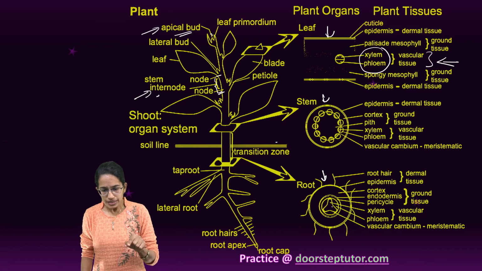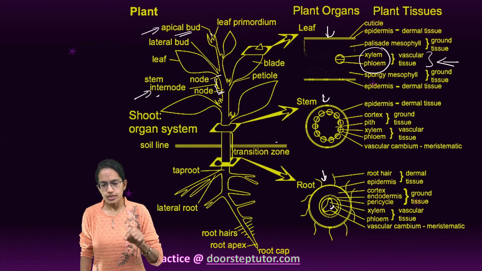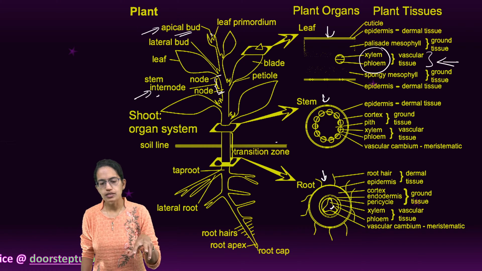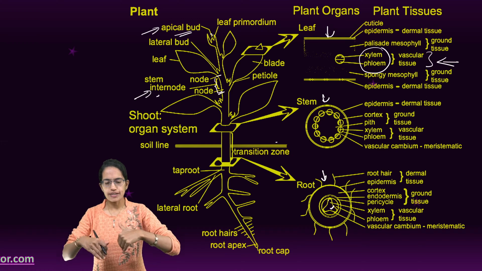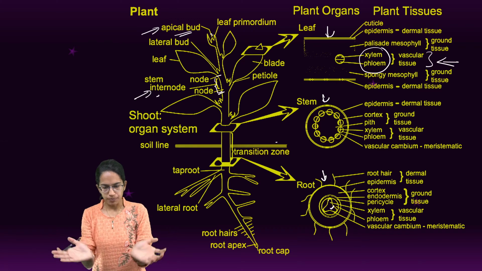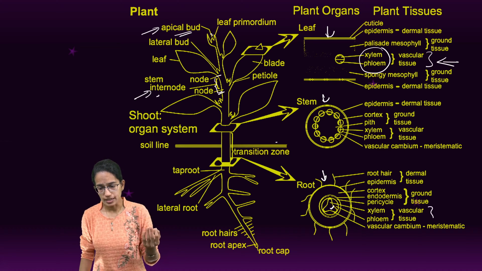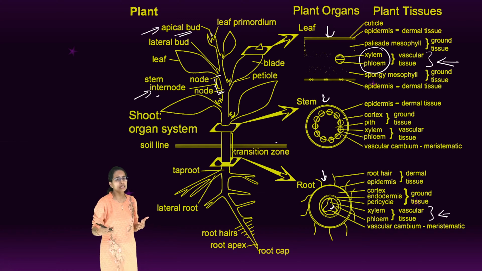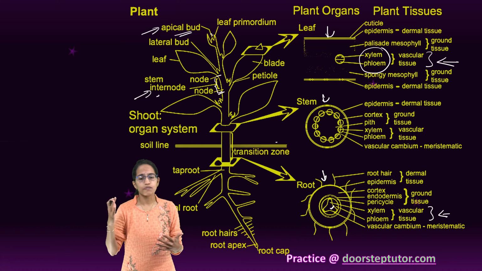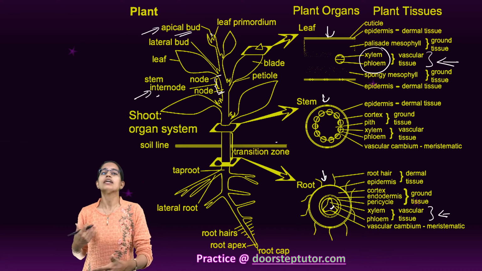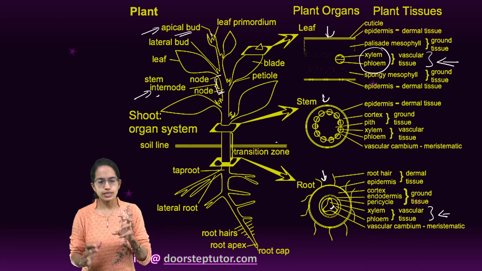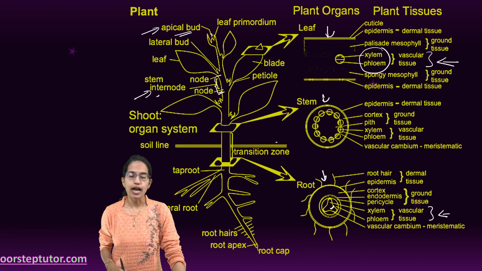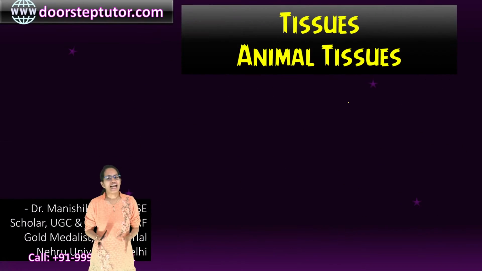However, in the case of root, xylem is between the phloem and this arrangement is a kind of inverted Y within a phloem. Okay. So that's again a vascular tissue arrangement. However, the details on the TS, the transverse section of stem and root, we would go through in further lectures. So this is the very basic understanding of the plant tissues and the classification of plant tissues.